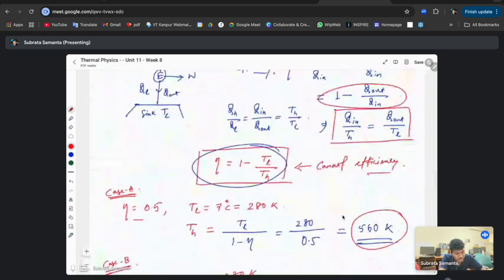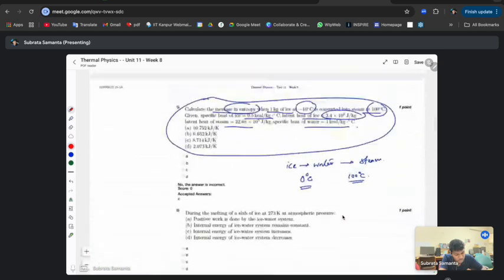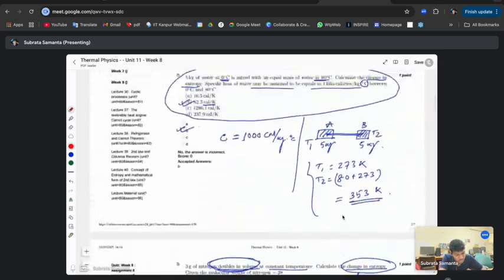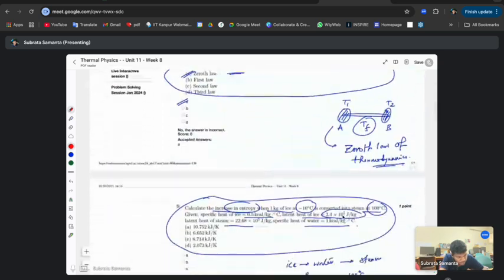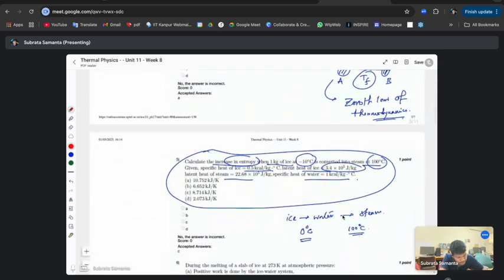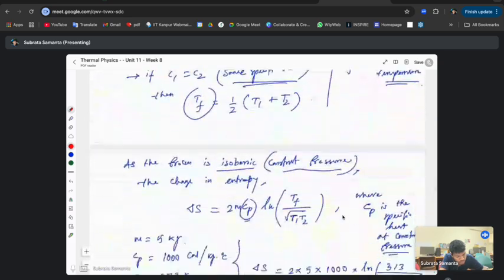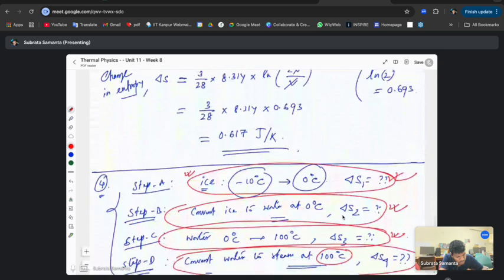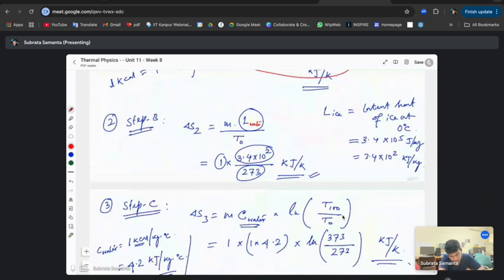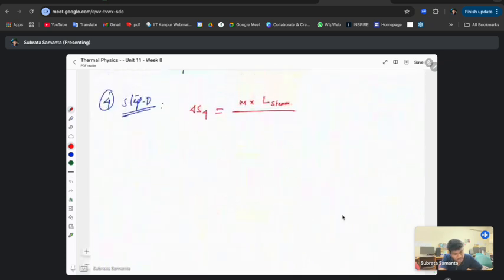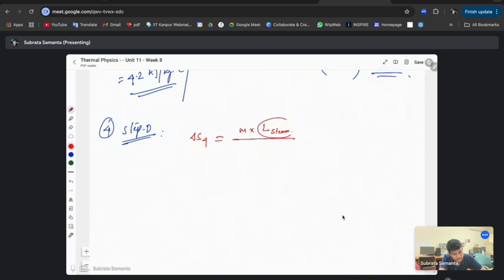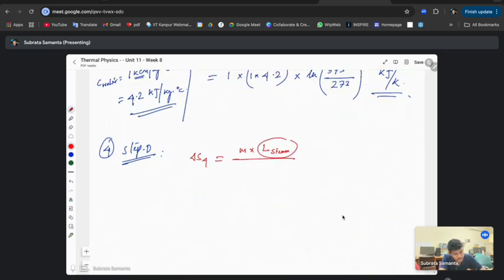For the ice changing to water, it is the latent heat of ice, so this one is fine. And in this case, m times the latent heat of steam over the temperature T100.